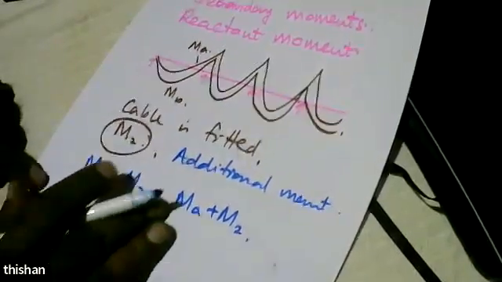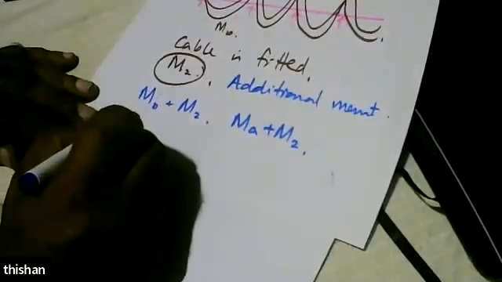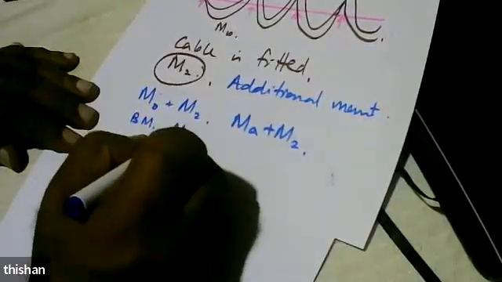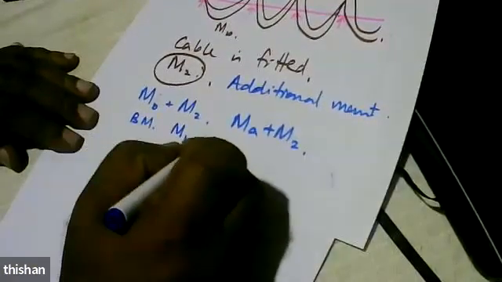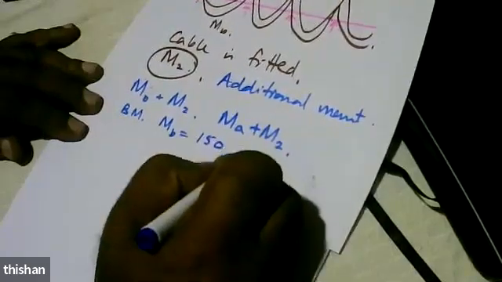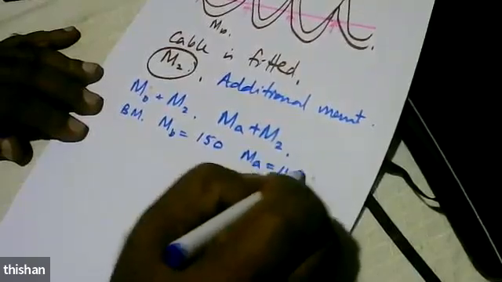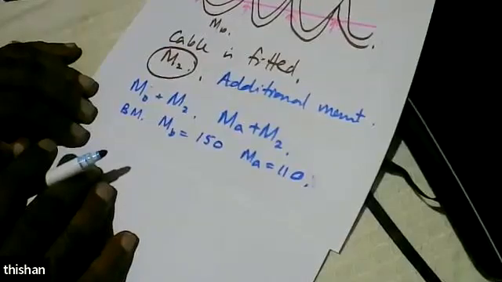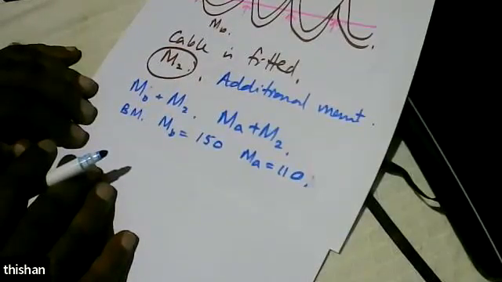So basically you start designing, saying that the bending moment MB is 150, MA is 110. And you do all your calculations, draw moment diagrams, very carefully find the force that works throughout the length of the beam.